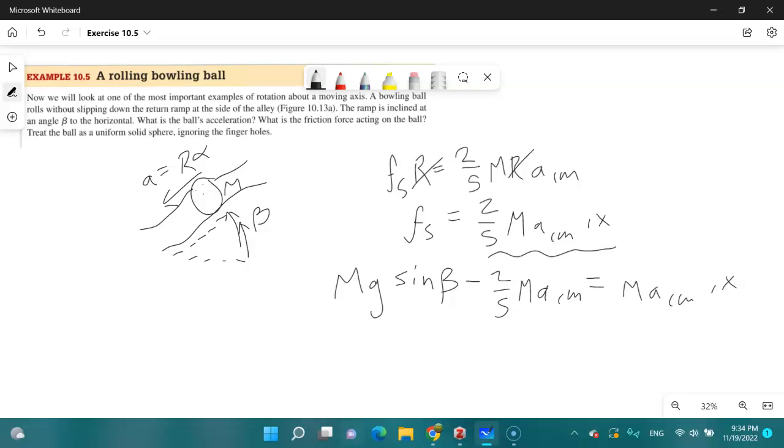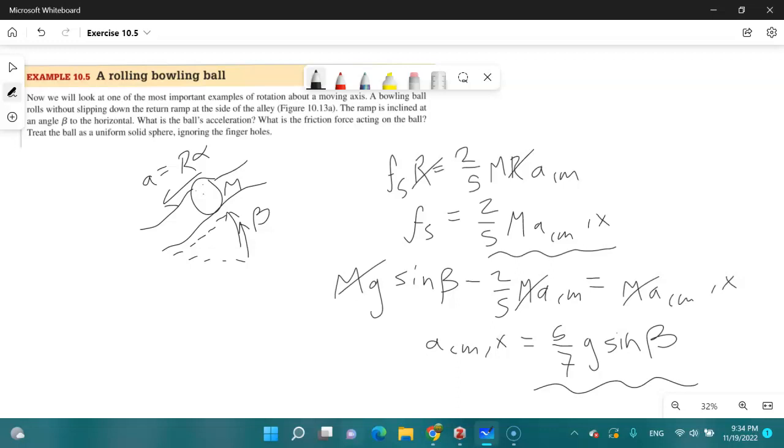Ultimately we cancel out all the masses, and the acceleration in the x direction is equal to 5/7 times gravity times the sine of beta. So that is ultimately our acceleration.